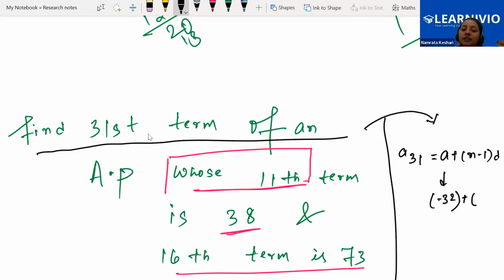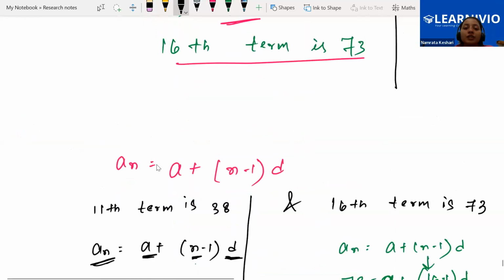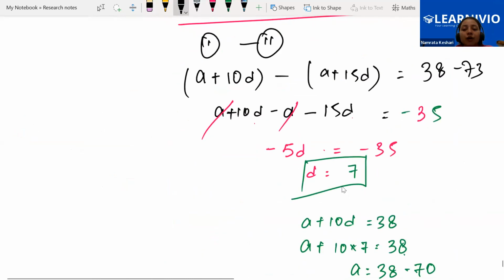Let's check it. He said that the a value we are already having in hand is minus 32. We will substitute over here. The n value we already understand: 31st means n is 31. And into d, the d value we have found as 7.